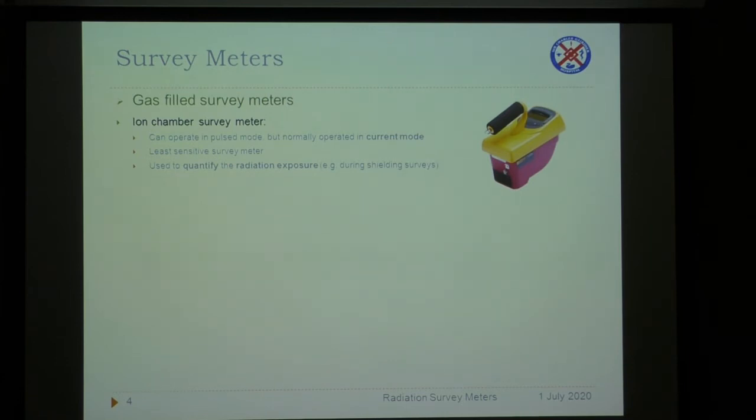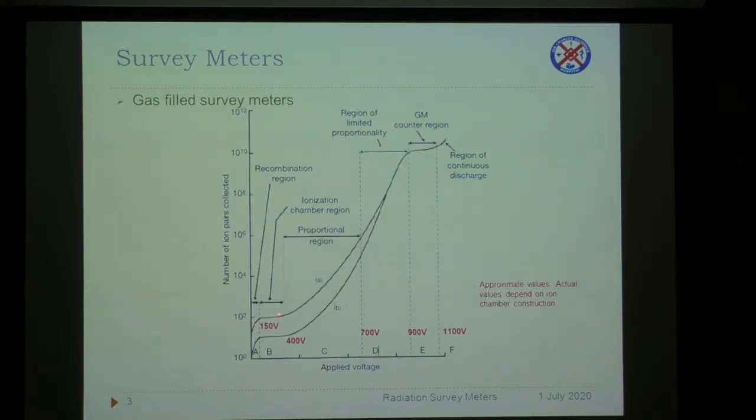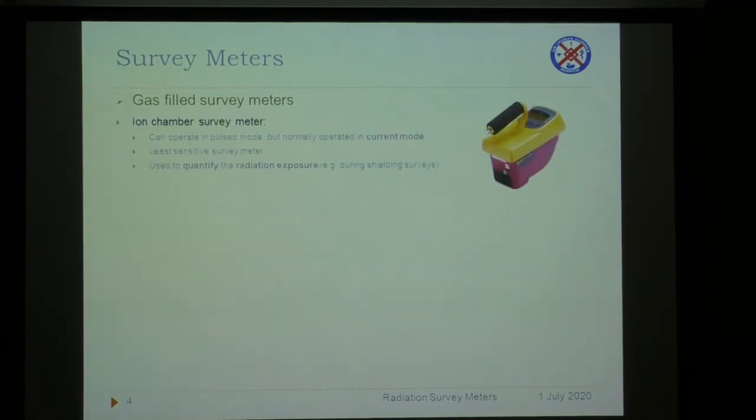So, types of survey meters. As I mentioned, the ion chamber survey meter operates in the ion chamber region, which is here. This is the Fluke survey meter. They can operate in pulse mode, but they normally operate in current mode, so you measure the currents produced by the radiation.